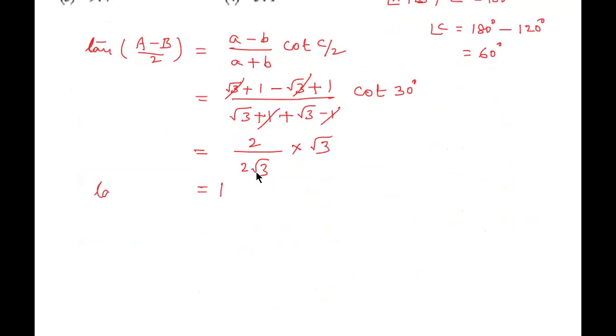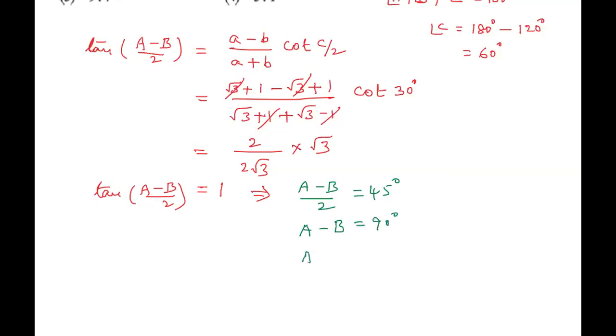So tan of (A minus B) by 2 is equal to 1. That means A minus B by 2 is 45 degrees, since tan 45 degrees is 1. So A minus B is equal to 90 degrees.